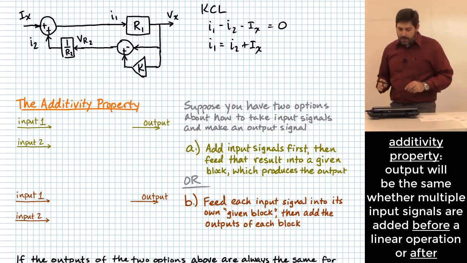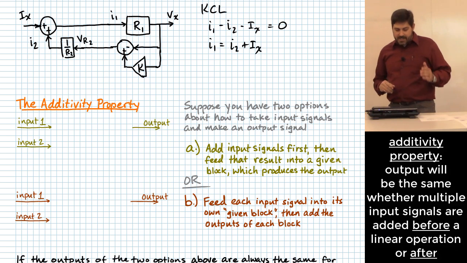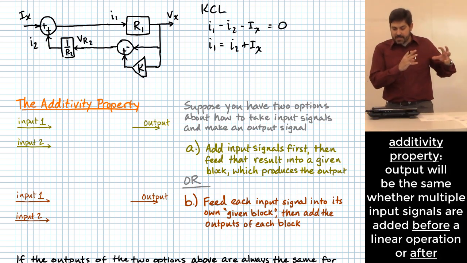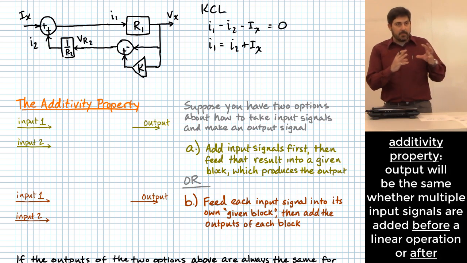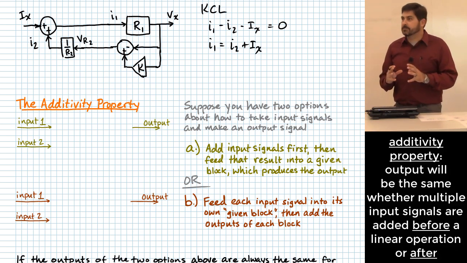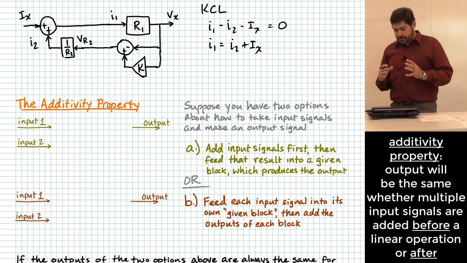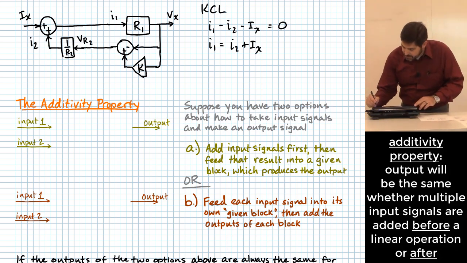Okay? Here's the first of the two, right? The additivity property. Let's say that we have two options about how you are going to take input signals and make an output signal. The first option is you take your two input signals and you add them together right away.